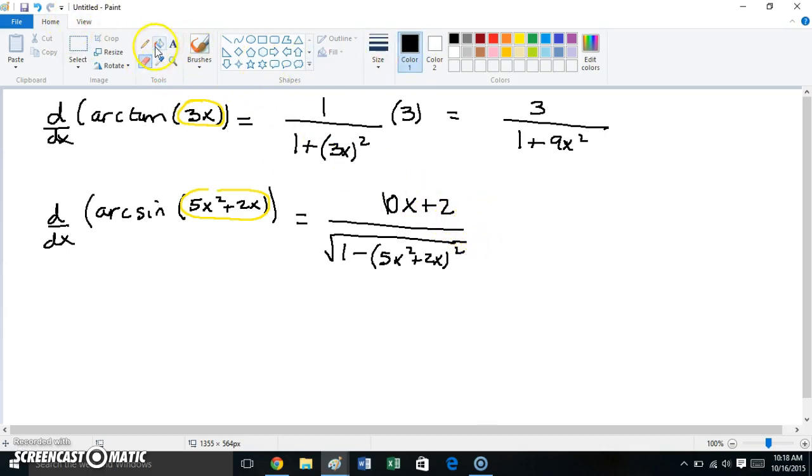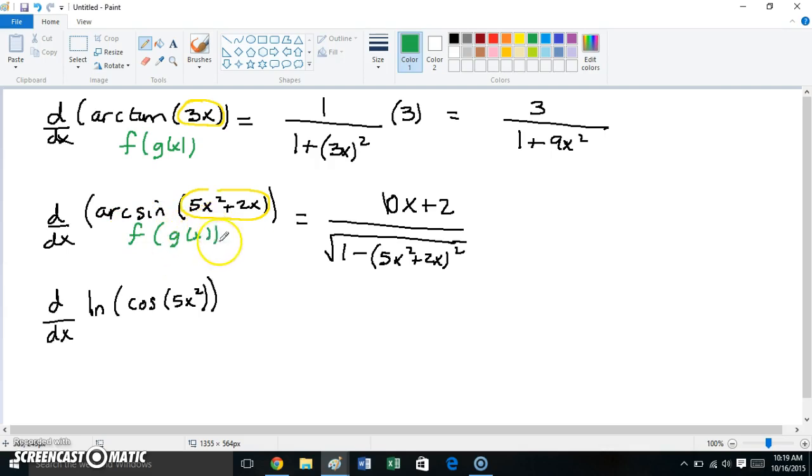Okay, one more example. The derivative with respect to x of the natural log of the cosine of 5x squared. In the previous two examples, we had a composition of two functions, f of g of x.